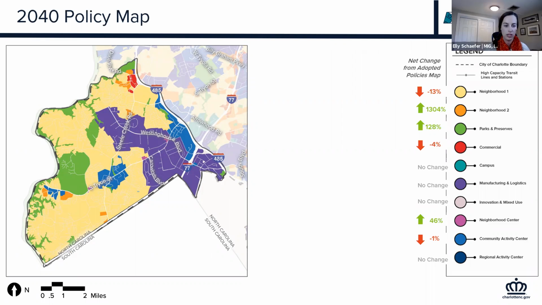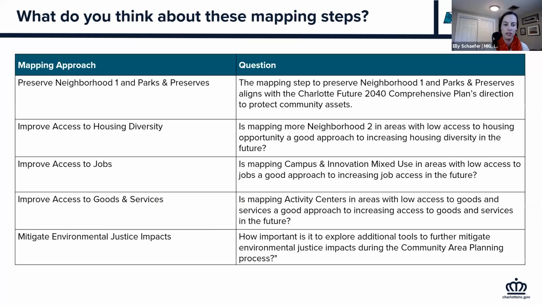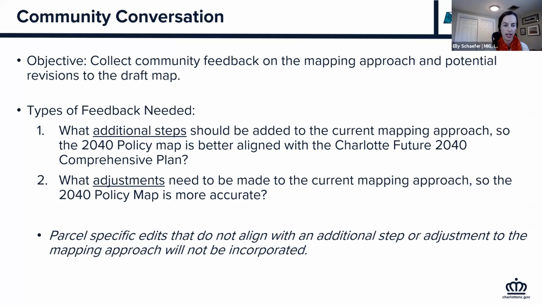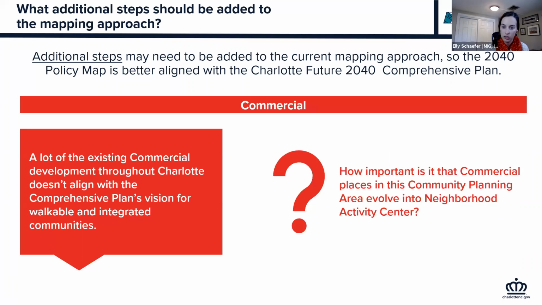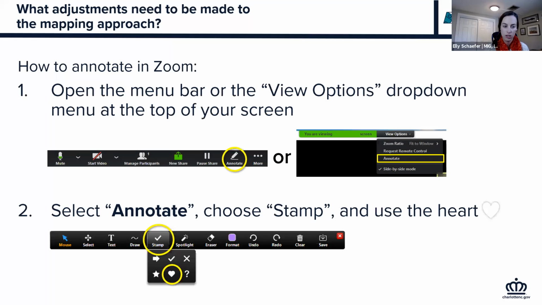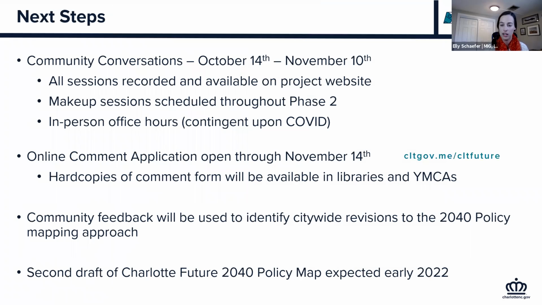Agreed. It's definitely an important piece of this environmental justice component of the equitable growth framework. So any feedback you have on that would be appreciated. Thanks for pointing that out. And Kara, I see your comment about high capacity transit. We've noted that and we'll add it to our comments from this meeting, and we can pass that along to transportation staff at the city as well.